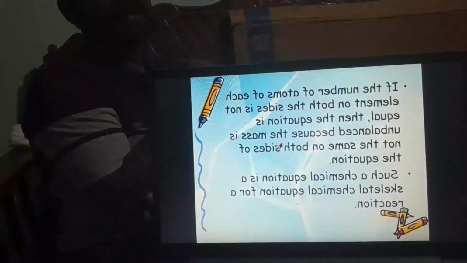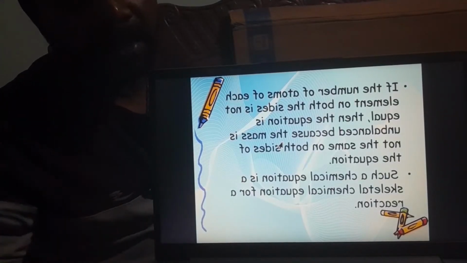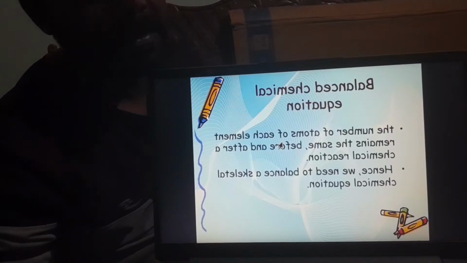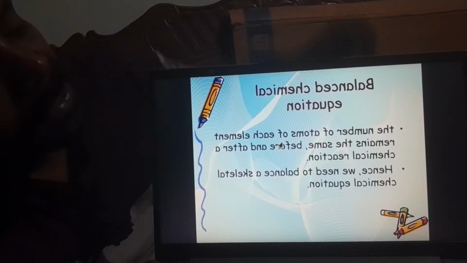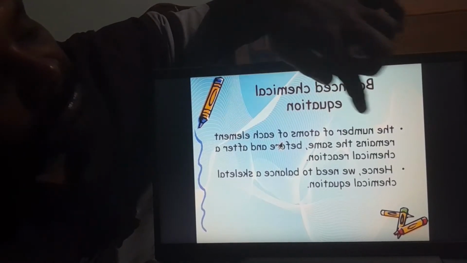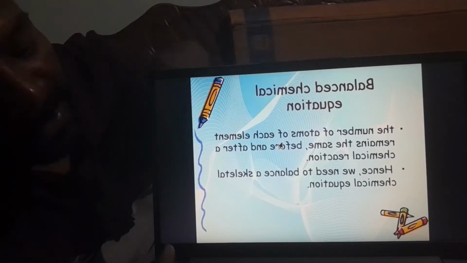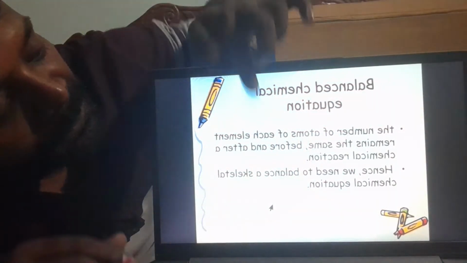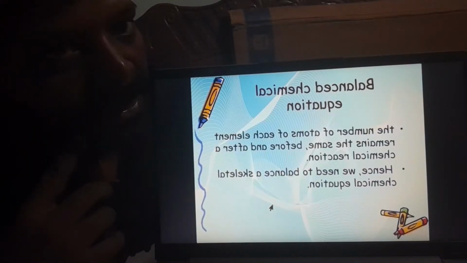So this is balancing a chemical equation. Why do we need to balance a chemical equation? To satisfy the law of conservation of mass. Clear? The number of atoms of each element remains the same before and after a chemical reaction.